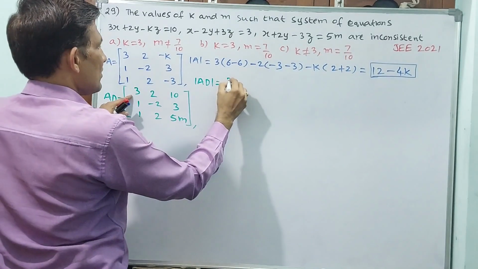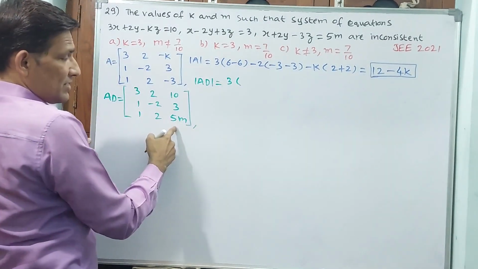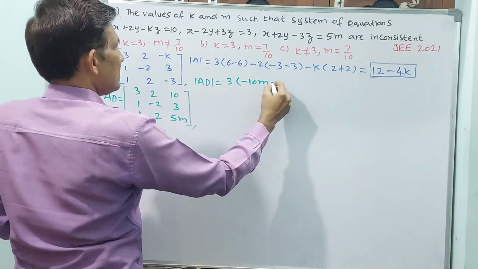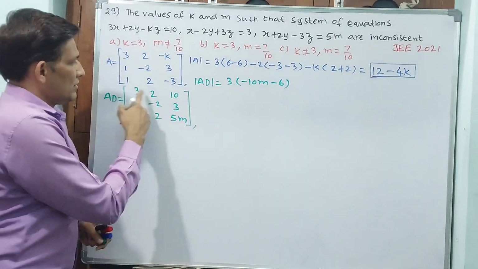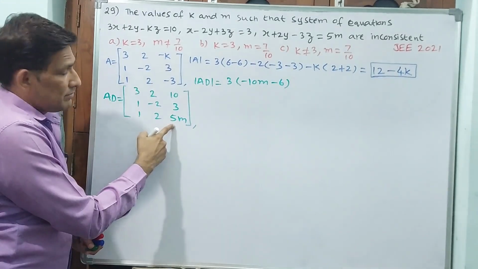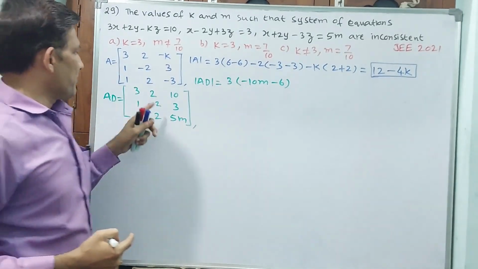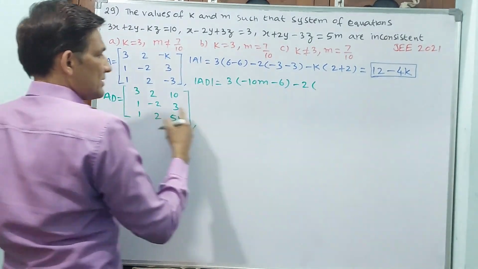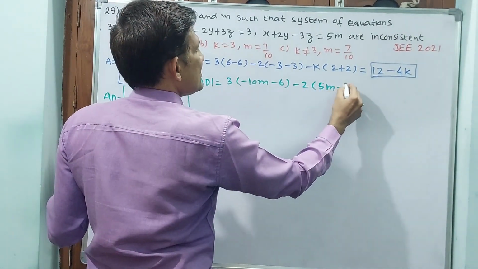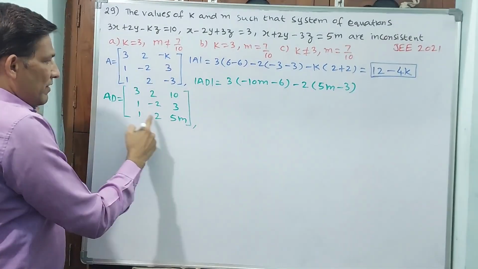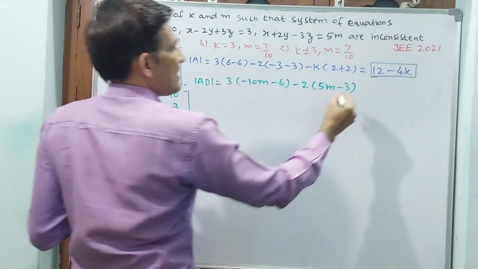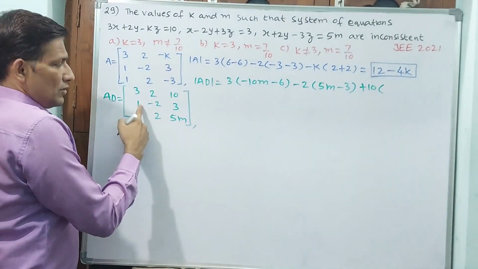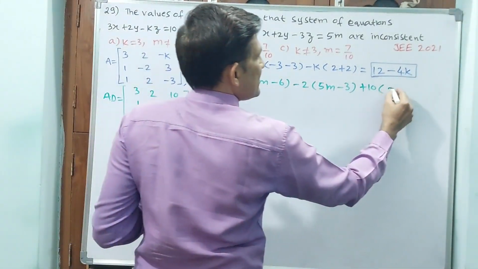Now find the determinant of AD, the augmented matrix determinant. You see, 3 times of minus 10m, minus 6. Minus 2 times of 5m minus 3. Plus 10 times of 2 plus 2, 4.